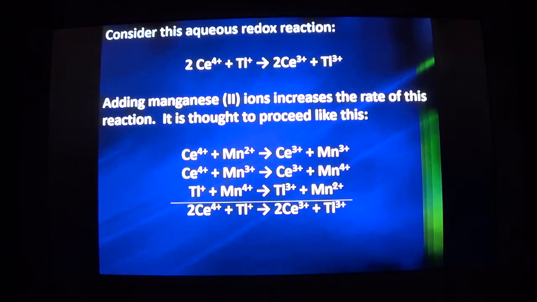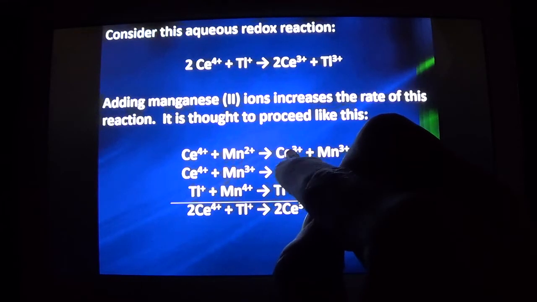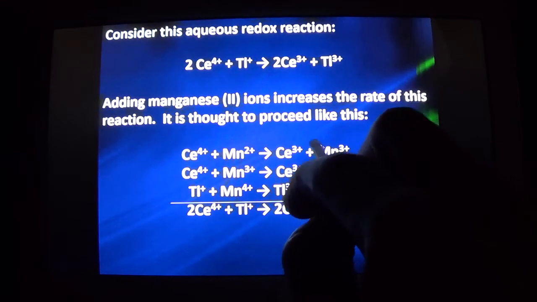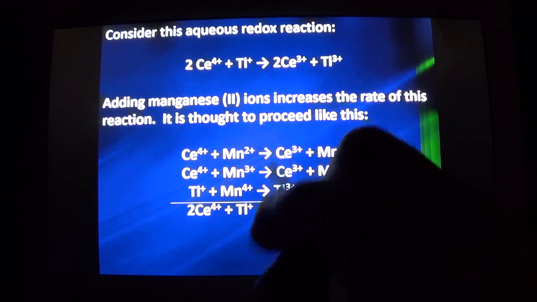So it turns out if we add manganese 2 ions, it increases the rate of the reaction. It is thought it works this way. A cerium finds a manganese and transfers some electrons from manganese to cerium. You better be able to prove how that worked. Know your oxidation and reduction numbers.